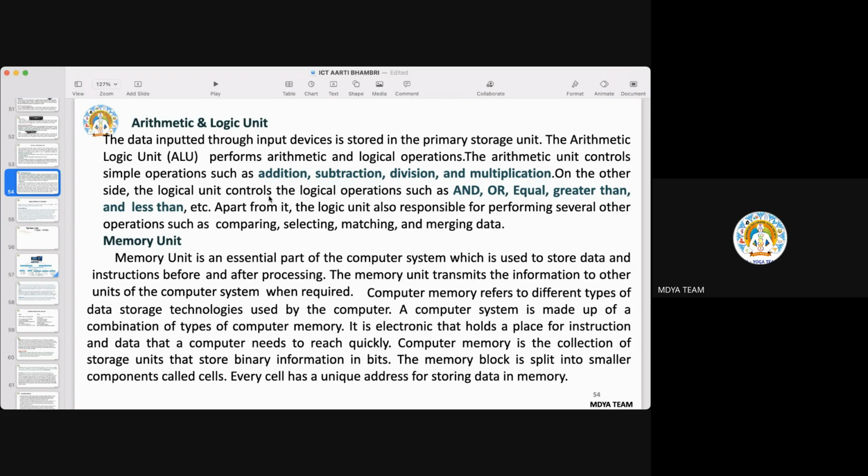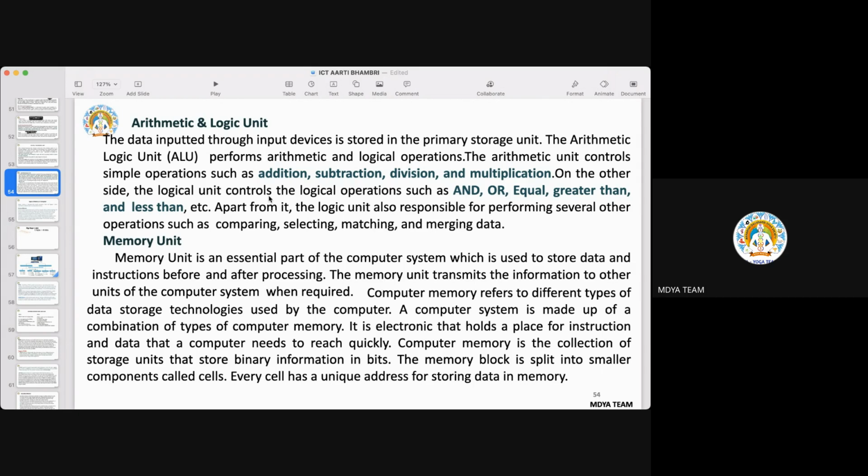And then the memory unit. The memory unit is again a very essential and important part, which is used to store data and instructions before and after processing. All right, because some of the instructions are inbuilt in the computer itself, to perform simple operations. For each and everything, the computer needs a set of instructions, whether inbuilt or provided externally.